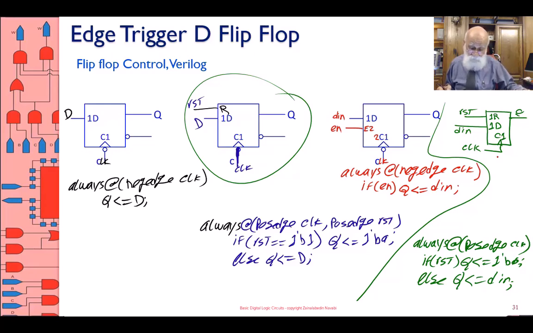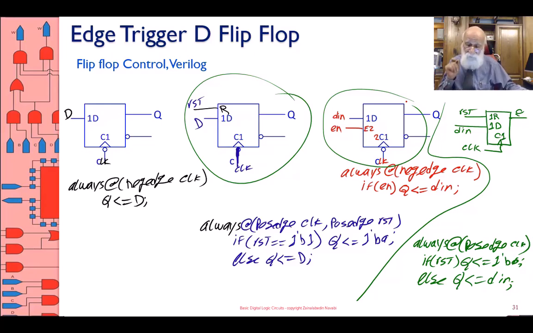Let's do the implementation of some of what we just saw. What I'm assuming here is the internal of my flip-flop has an enable. What if I don't have an enable and I like to have an enable?